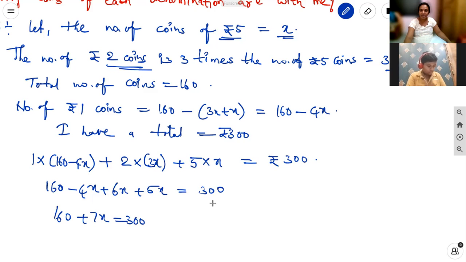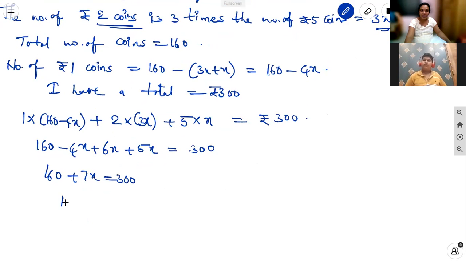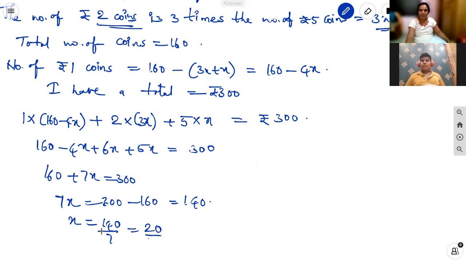This 160 is taken to the right side. 7x equals 300 minus 160, which is 140. So x equals 140 by 7, 7 2s are 14, so 20.